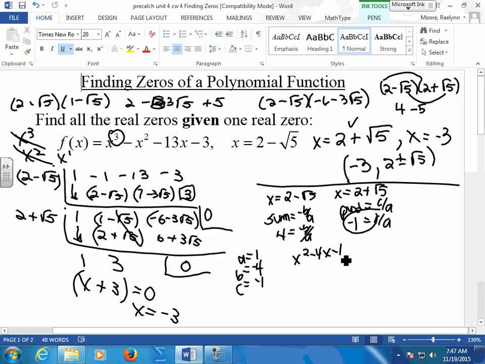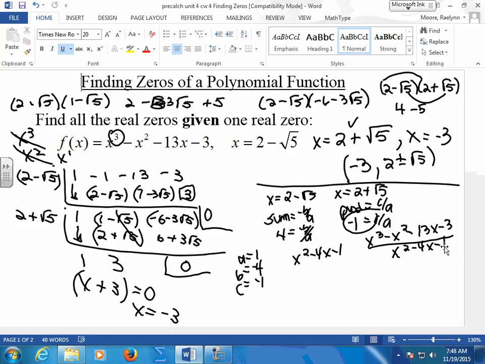So I could take my original polynomial. This contains 2 known roots in here. And I can divide by this guy. Right? Can I? Wouldn't that make sense?